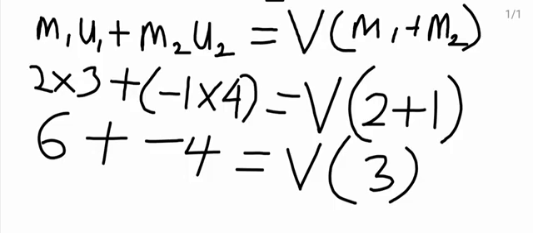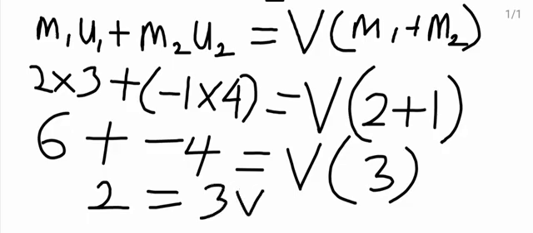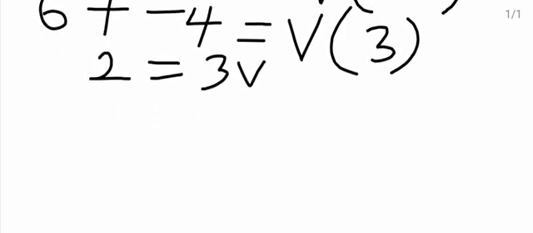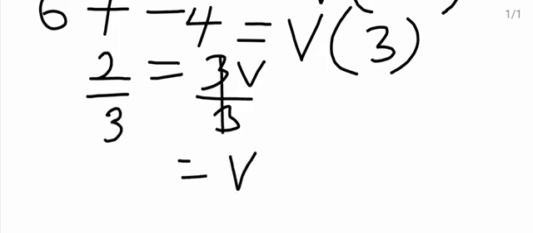So 6 minus 4 is 2. So 3 times v is 3v. So in that case, our final speed will be 2 over 3. So the final answer is 2 over 3.